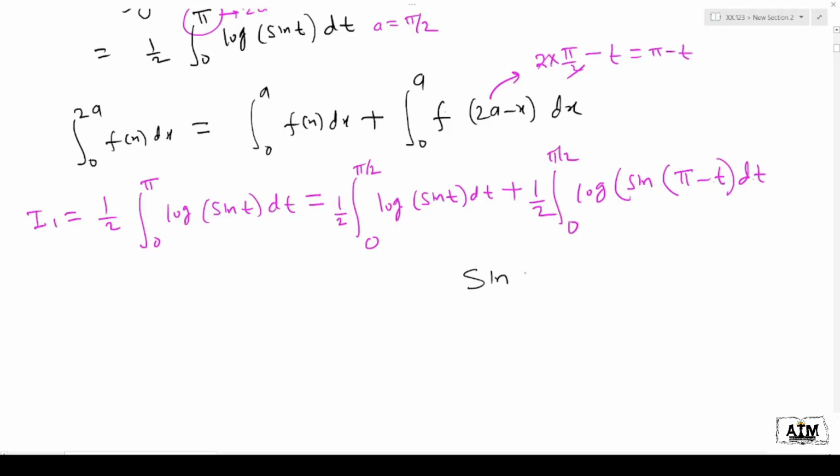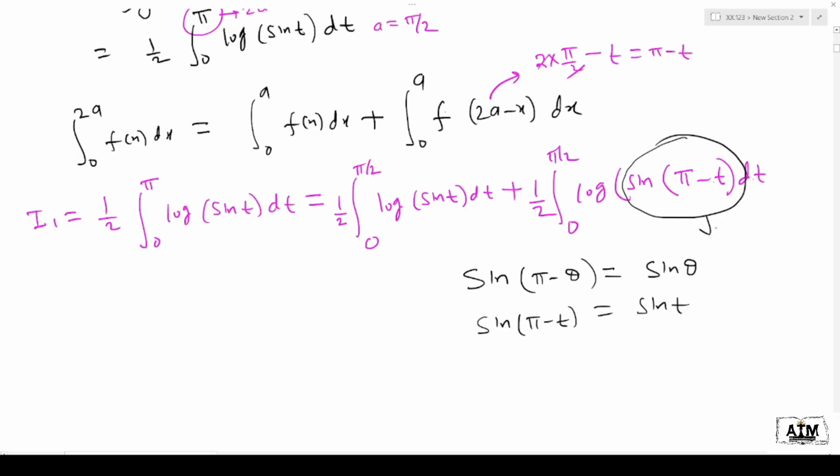Since sin of pi minus theta equals sin theta, therefore sin of pi minus t equals sin t. So this part becomes sin t.